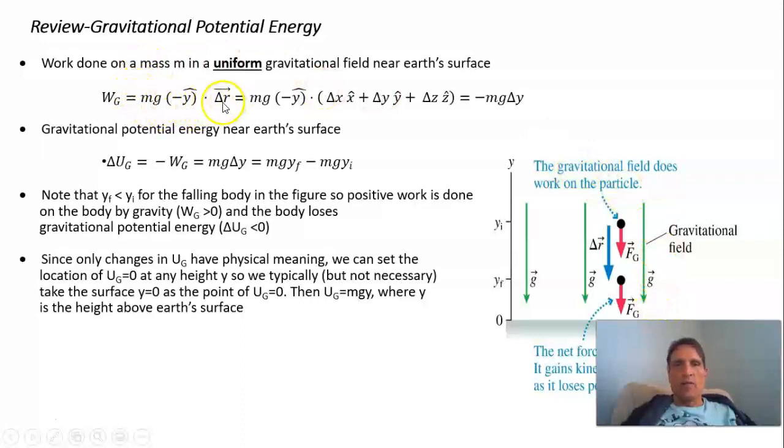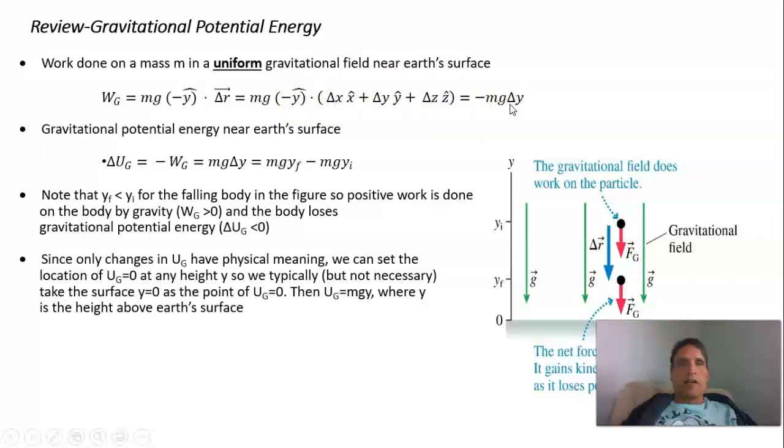Force dotted with delta R, and the force is in the negative y direction. In general, if you have three-dimensional motion, delta R would be delta x along the x direction, plus delta y along the y direction, plus delta z along the z direction. When you take this dot product, the x and z vectors are perpendicular to the force, and the dot product reduces to negative mg times delta y.